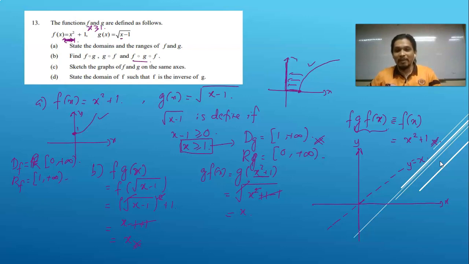You just imagine it. So now the graph of this one will be something like this, and then here 1.